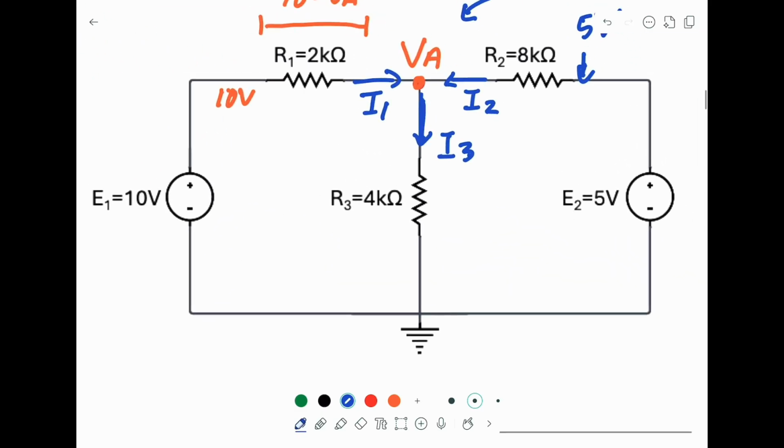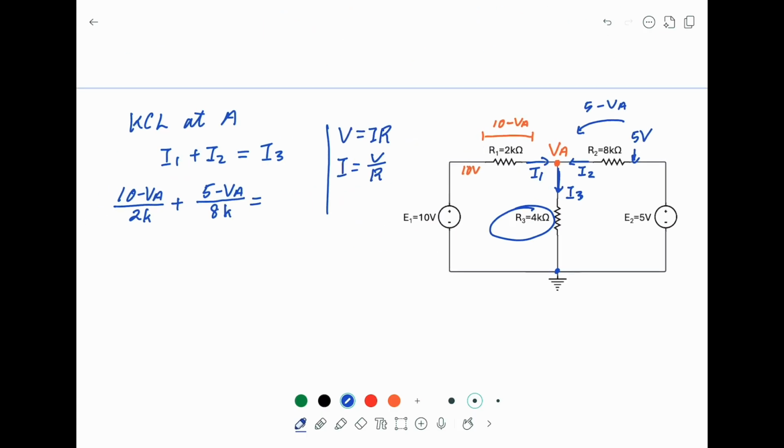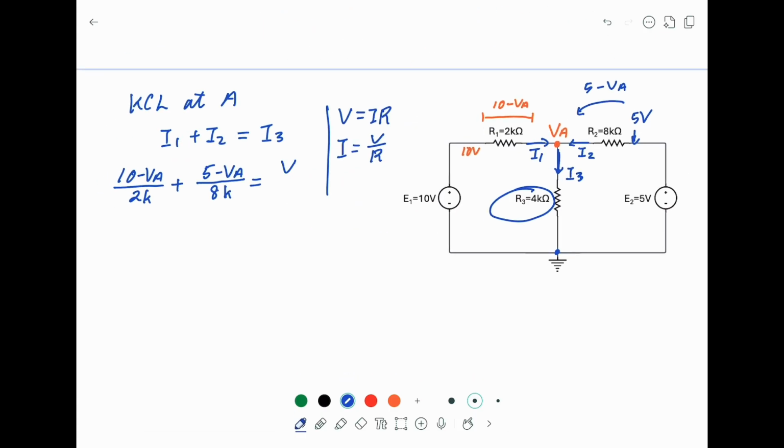Now let's look at the current I3. The I3 passing through R3, and the potential difference across R3 is VA, and this is the ground. So this becomes VA divided by R3, which is 4K.